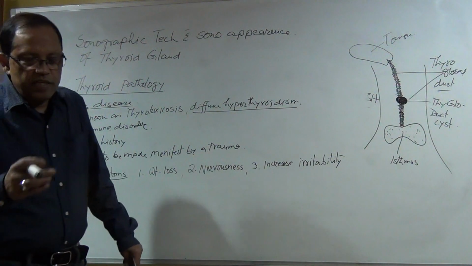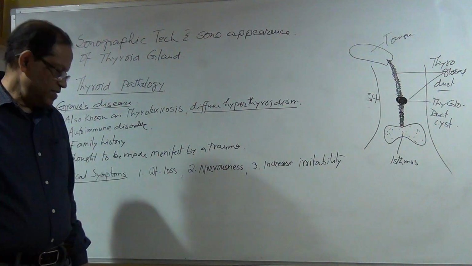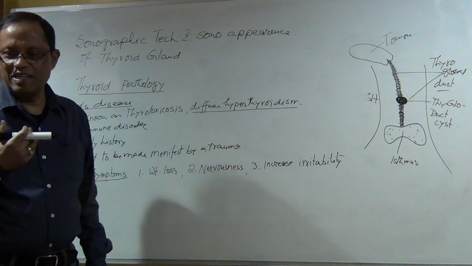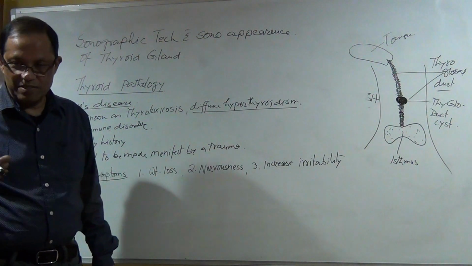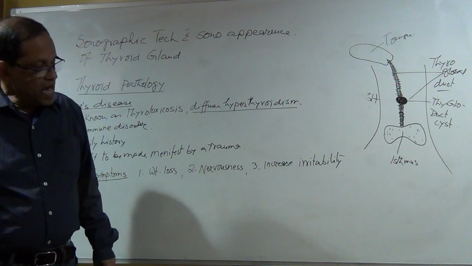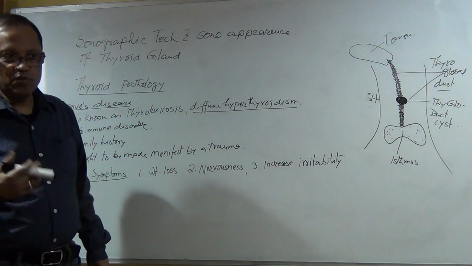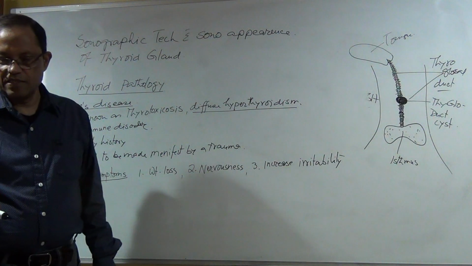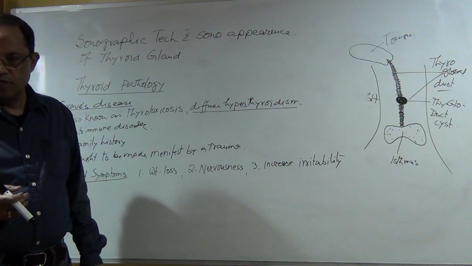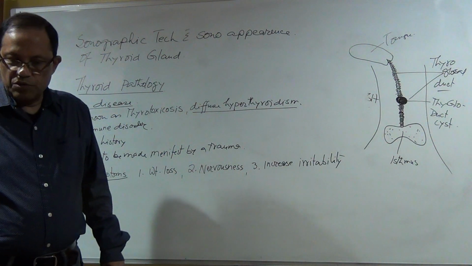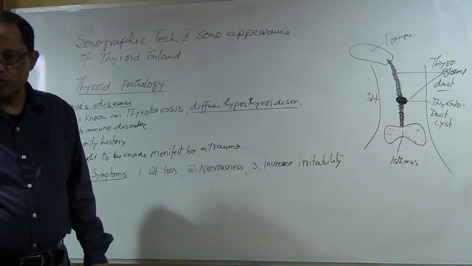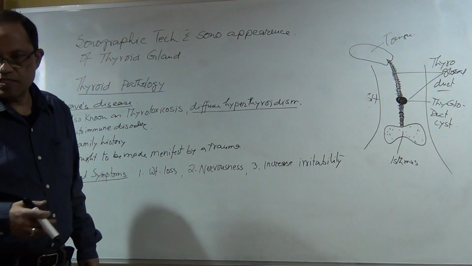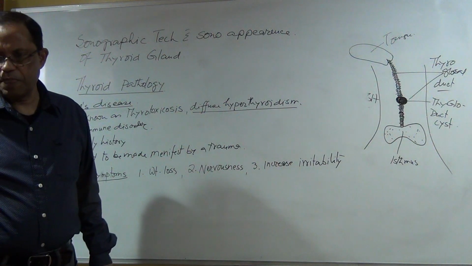Nervousness means, for example, tomorrow is an interview, so the patient is so nervous. And flight of ideas, talking so fast, eating so fast, eating more, going to the bathroom for number 1 and number 2 more. They walk fast, they do everything very fast.